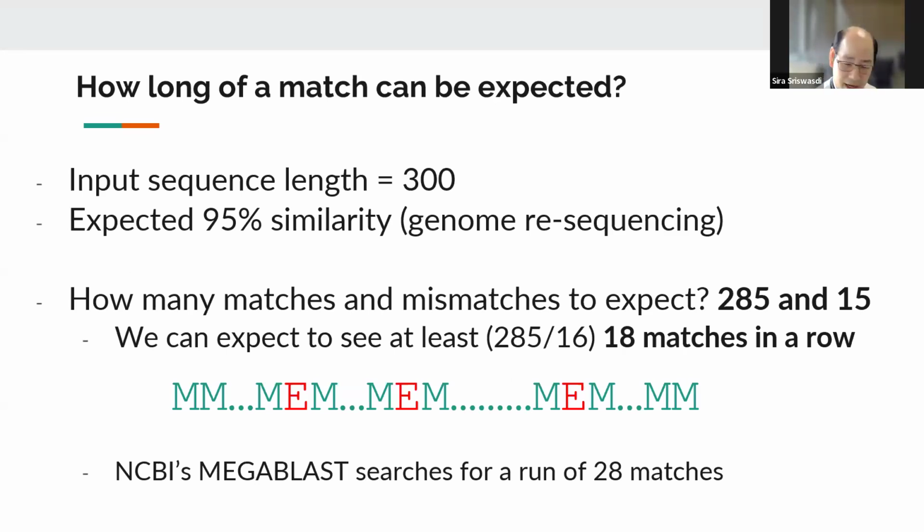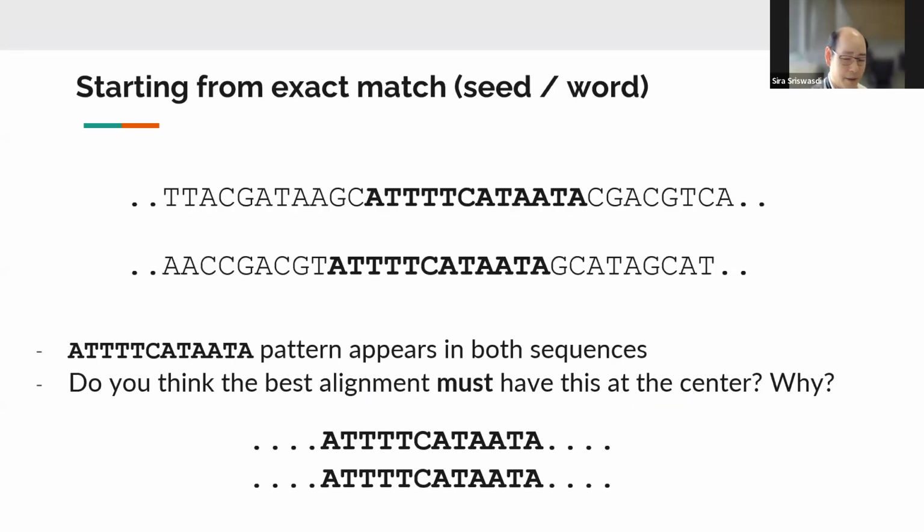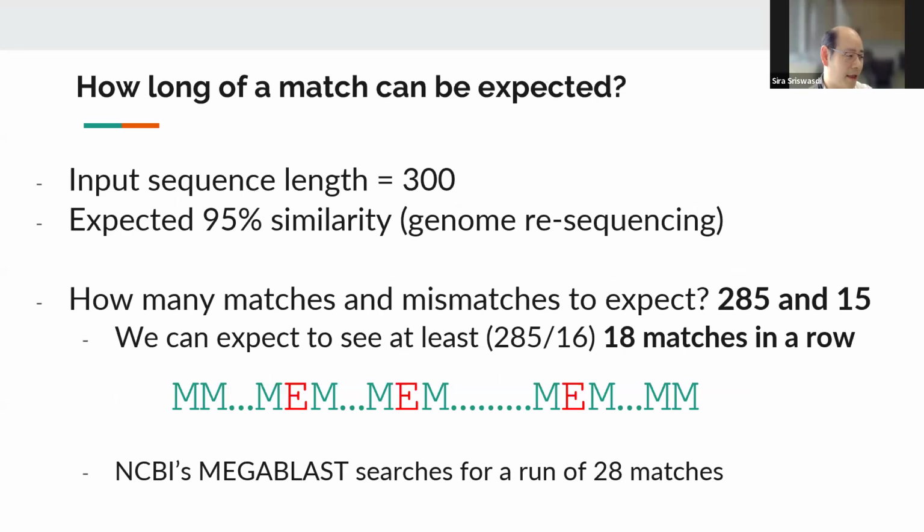So let's think about the same idea. This idea that if we have a region with a perfect match, so the DNA sequences in these regions are identical, how likely is it in terms of statistics? Let's say we have an input sequence of length 300 nucleotides, and let's say you are resequencing the genome.